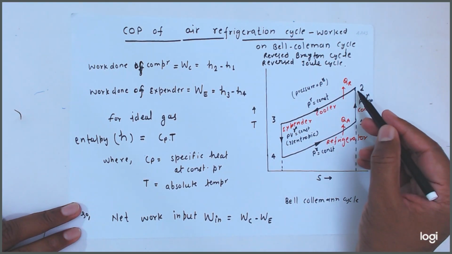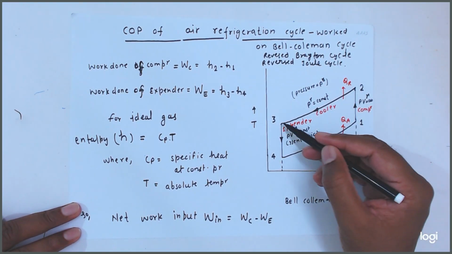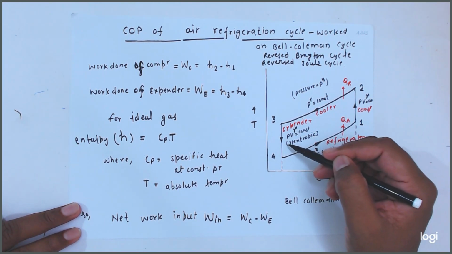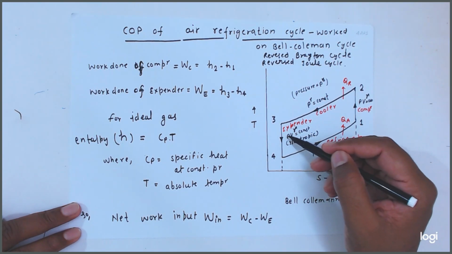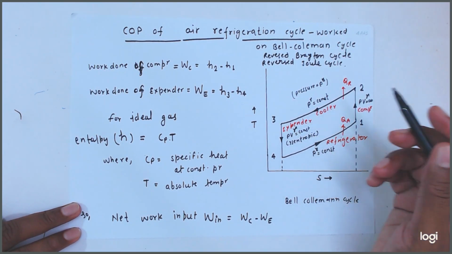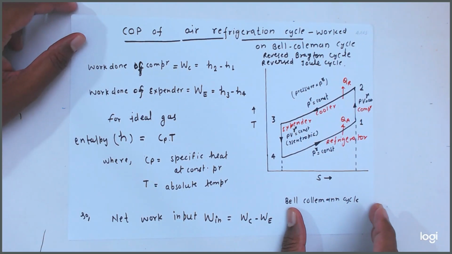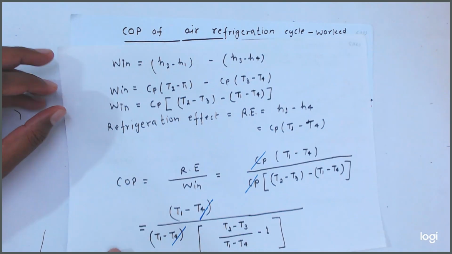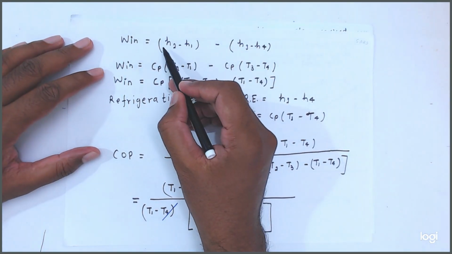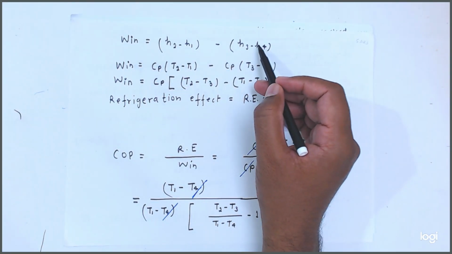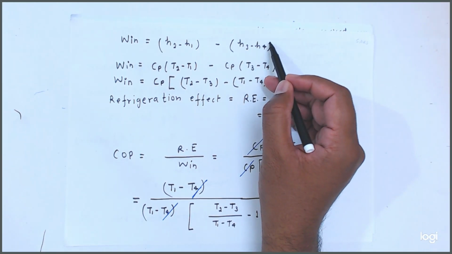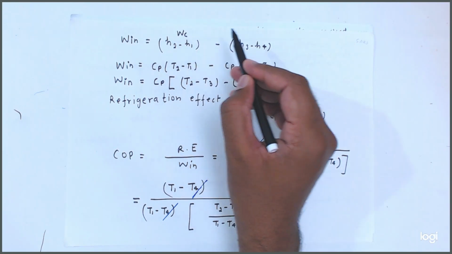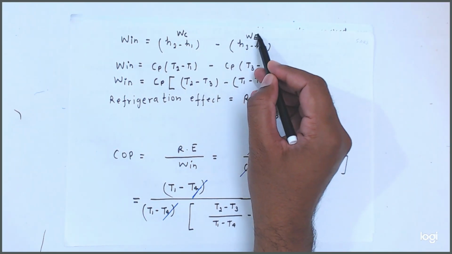Here we are giving the work input, and here we are getting the work back because of the expansion in the expander. So net work input is equal to WC minus WE, the work of the expander.